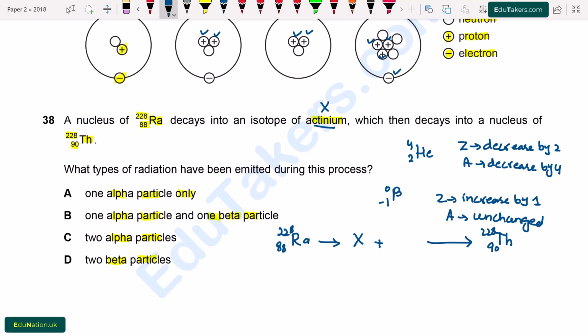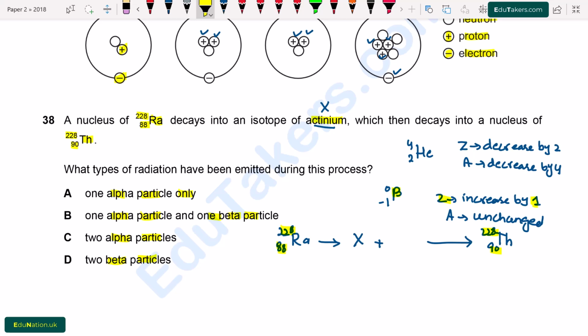First of all, we see the mass number remains the same, that is 228. But the atomic number, here it is 88 and here is 90, it is increased by 2. Now we see that in the beta decay, the atomic number increases by 1. It means that there is the emission of 2 beta particles.